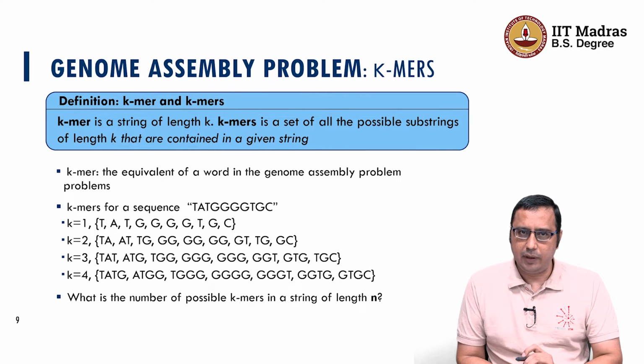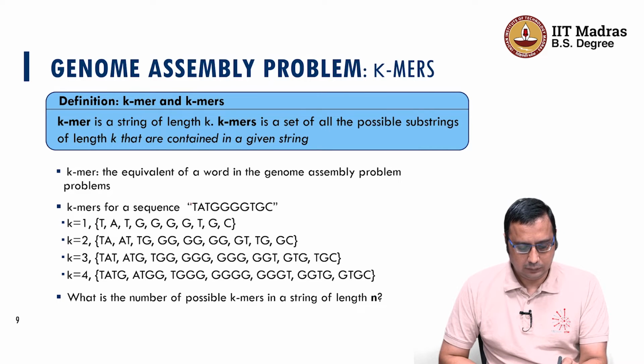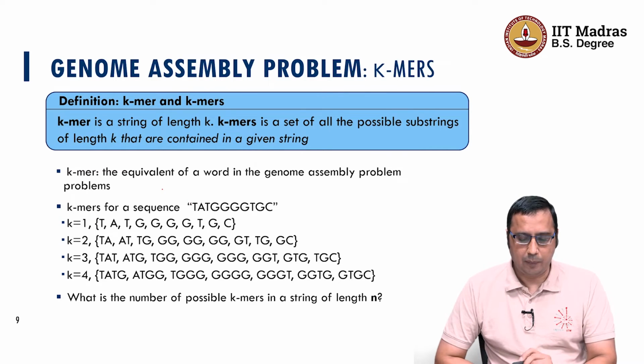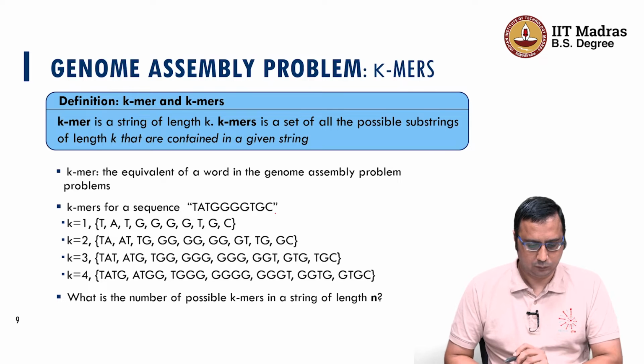Why are we interested in k-mers? Because they are equivalent to a word in the genome assembly problem. What we want to do is get k-mers from the sequence. So let's start with this particular sequence, TATGGGTGC.